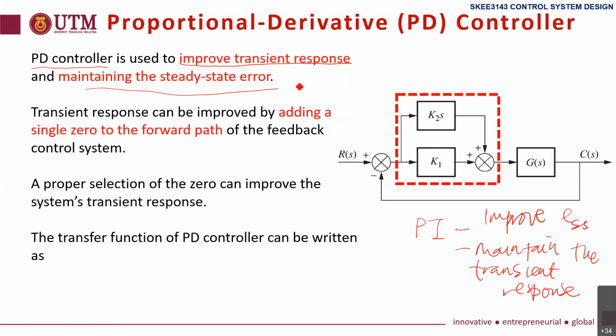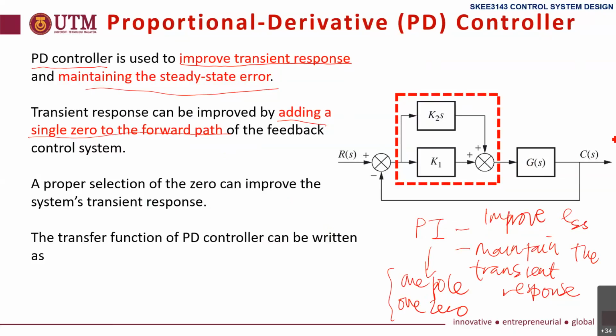How to implement PD controller? PD controller is performed by adding a single 0 to the forward path. What we do, we will add 1 0. Remember, for PI, we add 1 pole at origin and 1 0 near to the origin. PI, we have 1 pole, 1 0. But PD, we add only 1 0, a single 0. Okay?